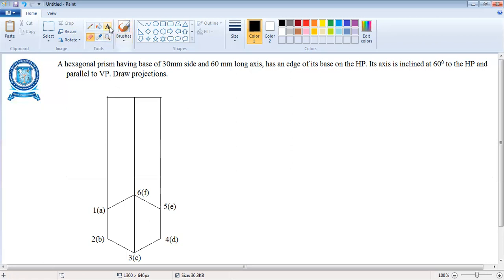This is the front view of the hexagonal prism.